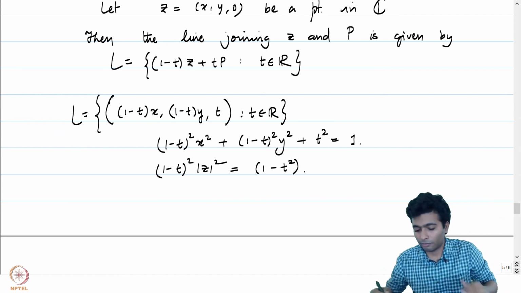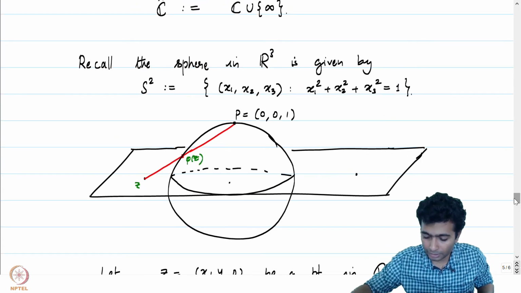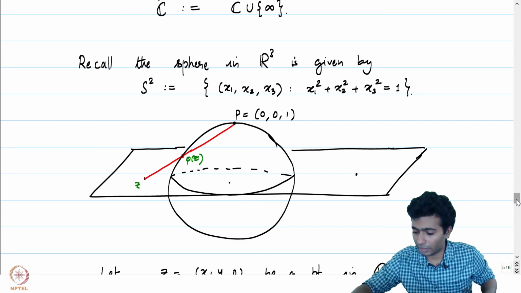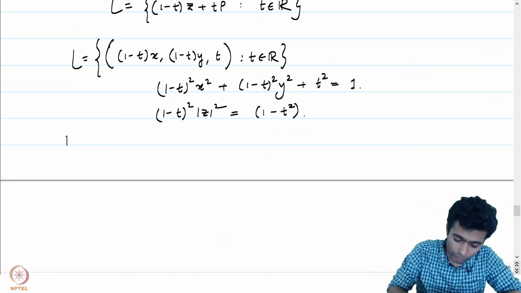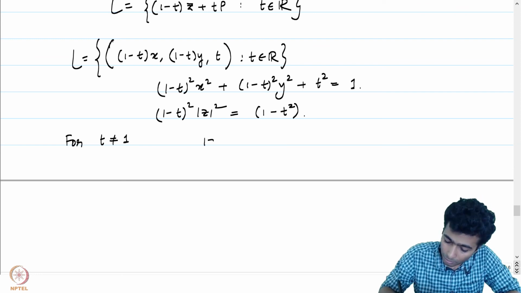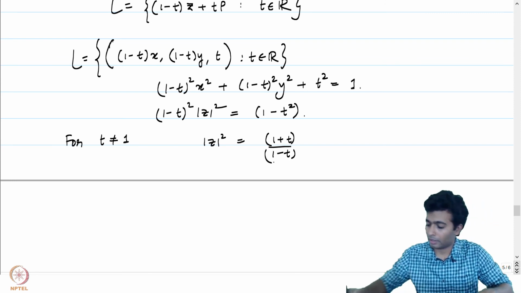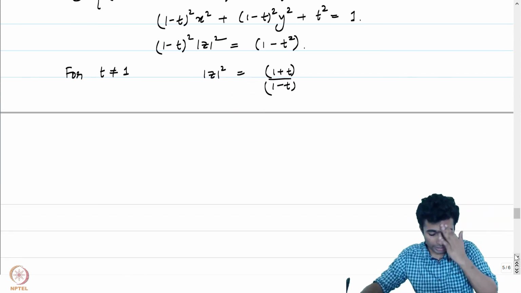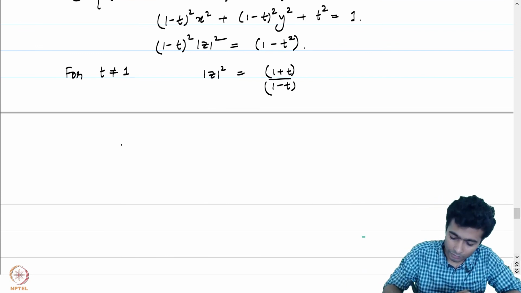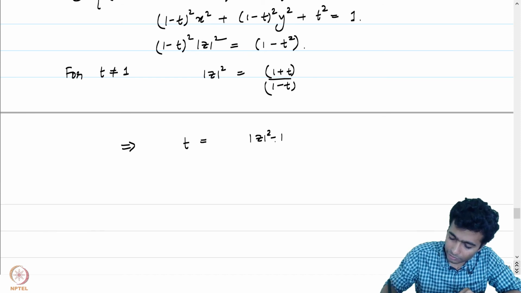Of course, when t is equal to 1, we are at the point P, and we are not interested in that. Hence, for t not equal to 1, we have mod z square is equal to 1 plus t by 1 minus t, and you can get hold of t from here, which gives t is equal to mod z square minus 1 by mod z square plus 1.